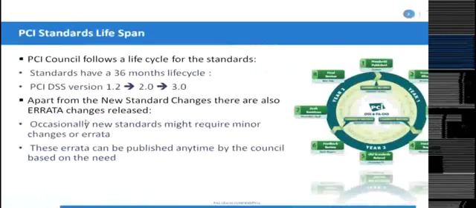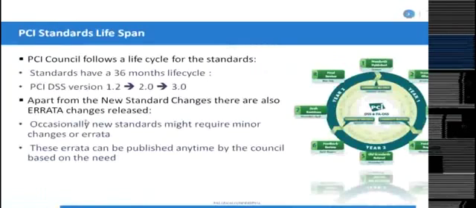Okay. All right. So apart from the major changes in the standard version itself, which follows a 36-month life cycle, there are some changes in terms of fine-tuning the major release.